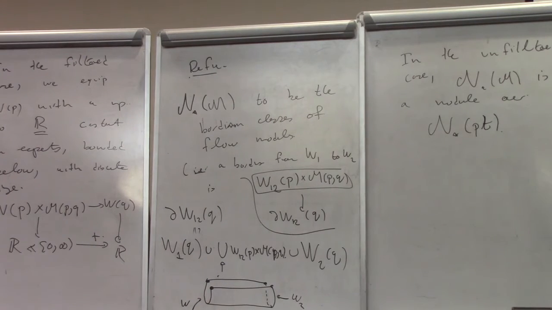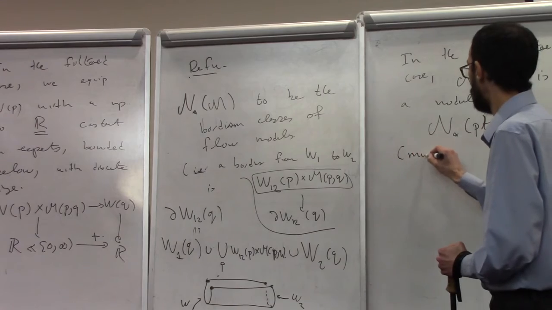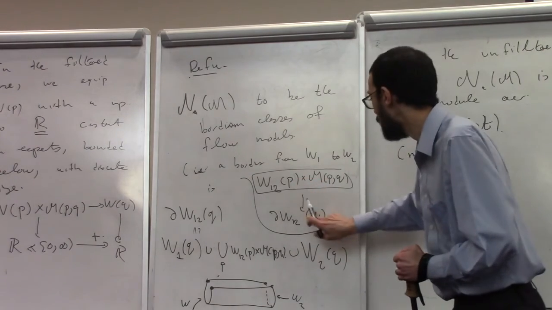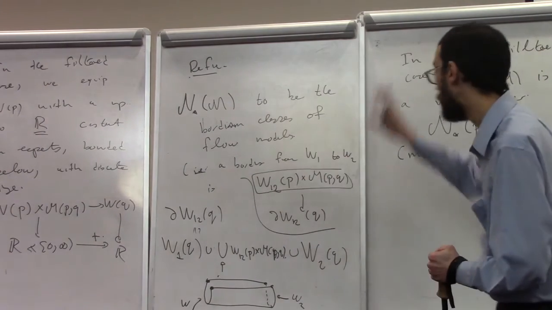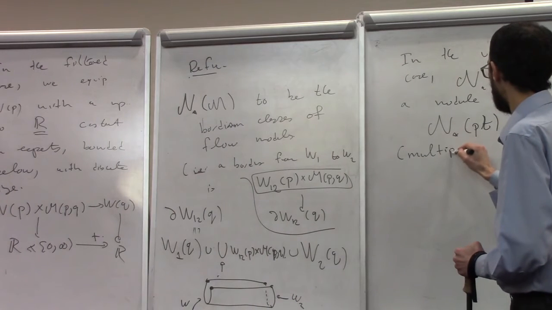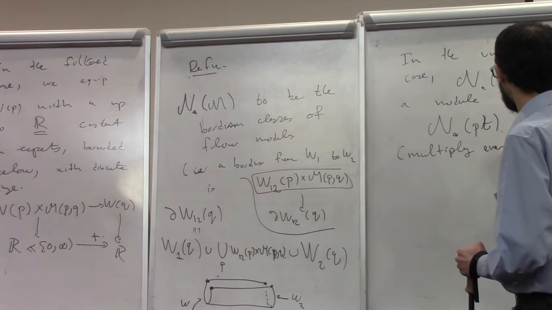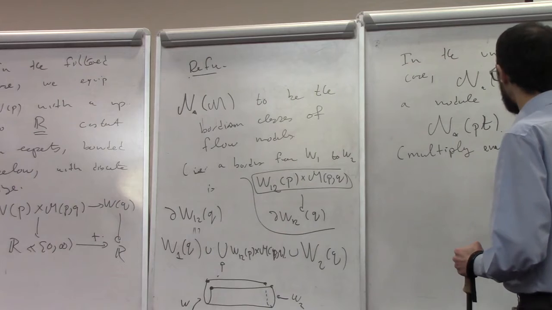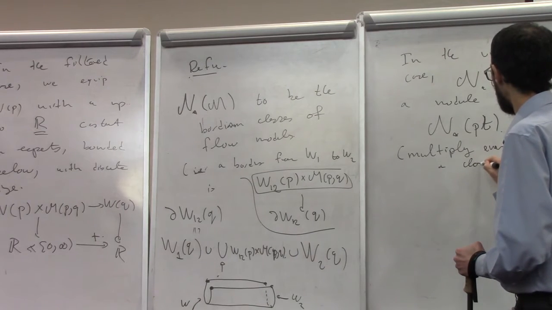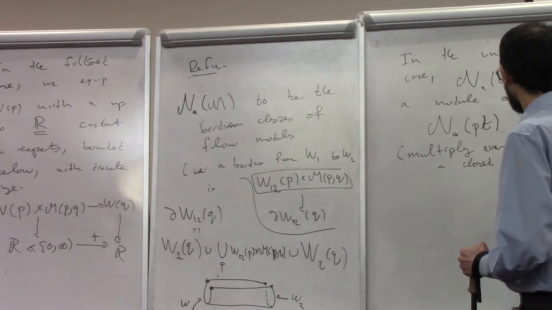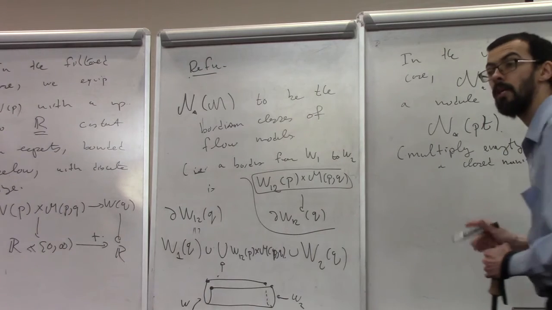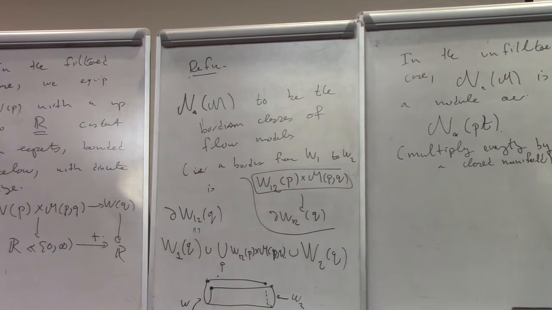And that's just because you can multiply everything in sight with a closed manifold. You multiply P, W1 of P, W2 of P and the cobordism, everything. Equations do not care.